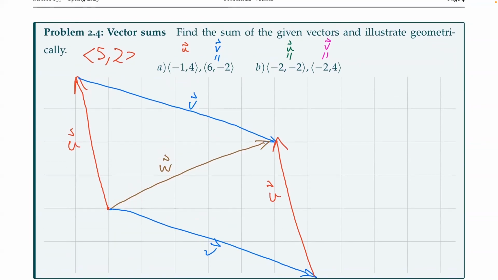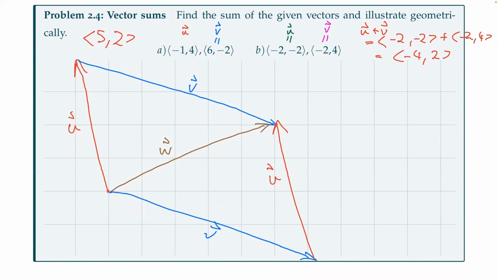Part B, where our addition is u plus v, is equal to -2, -2 plus -2, 4. So we have -4, 2. So what does that look like? Again, let's follow u, then v first of all.